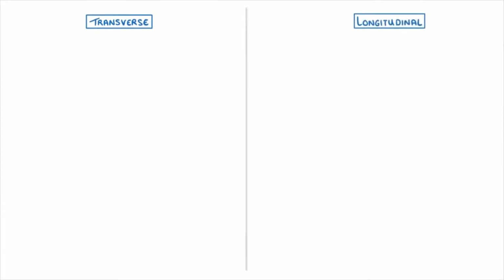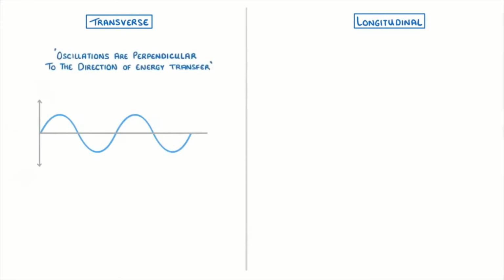First thing we need to look at are the differences between transverse and longitudinal waves. In transverse waves, the oscillations are perpendicular to the direction of energy transfer, or the direction in which the wave is moving.